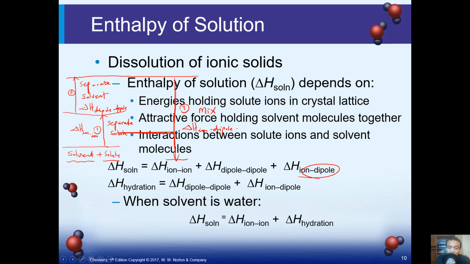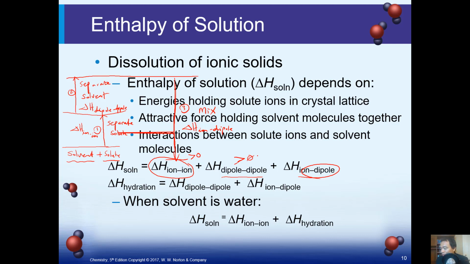We're not going to go into too much detail about this, but you do need to remember, for the separation of ions, it's going to be endothermic. It takes energy to break up the ions. Similarly, it takes energy to break up the intermolecular force between the solvent, for example, water molecules.